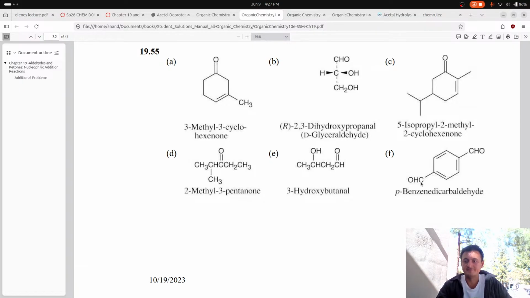Parabenzene carbaldehyde. Alright, that one's interesting. This one I definitely did not get. So ring plus al is benzene carbaldehyde. But usually we just call this benzaldehyde.